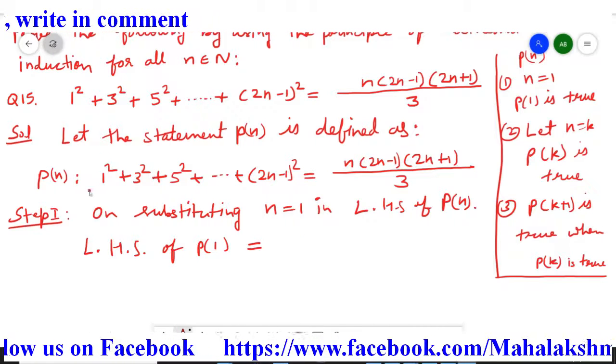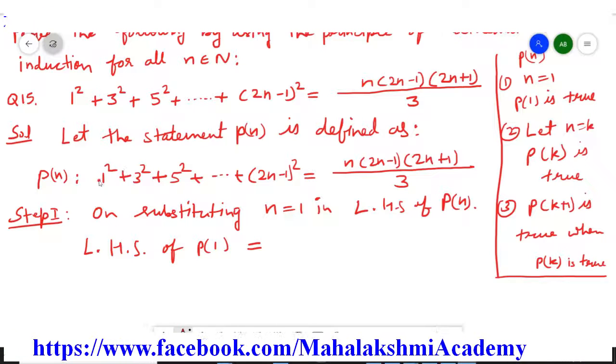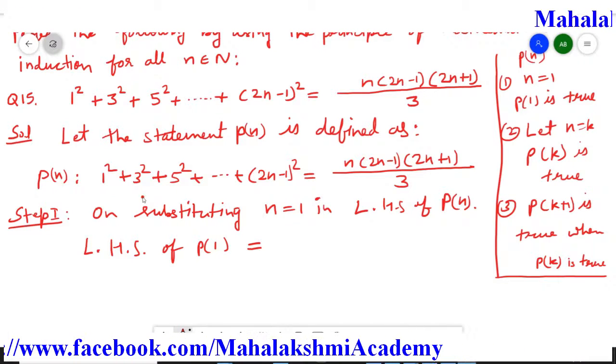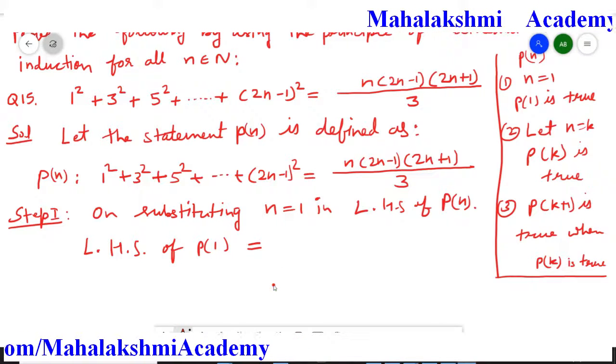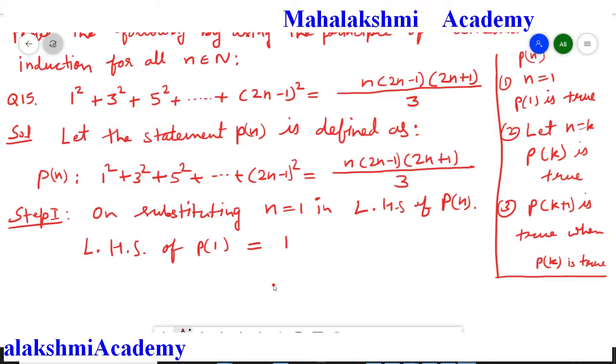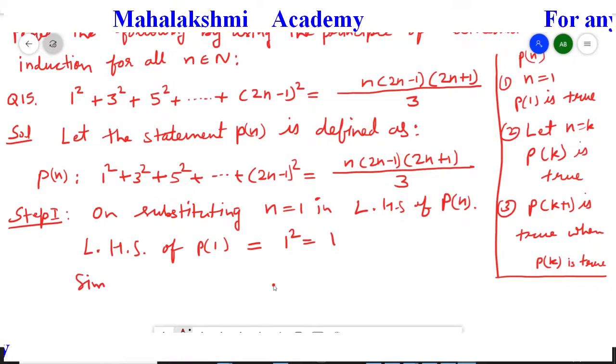So when we write P1 it means only the first term we have to take. So if you have here 2, then you have to take first 2 terms. So like this it moves. So since P1 is there, we have to take only the first term, that is 1 square, and 1 square is 1.